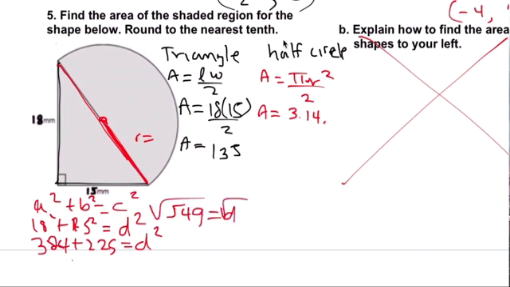Take the square root. Let's round it to the nearest tenth, which is 23.4.